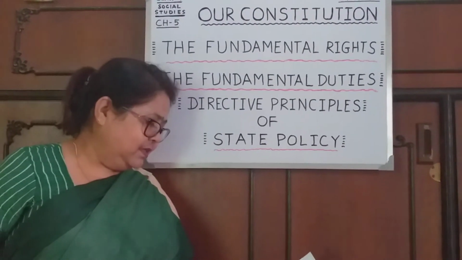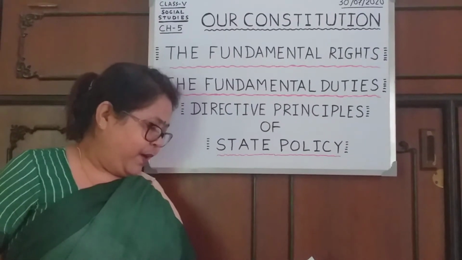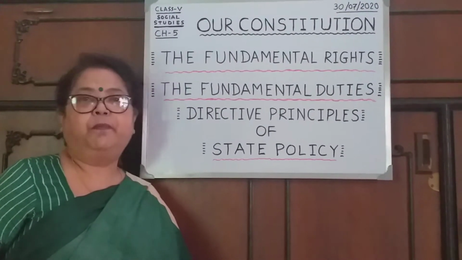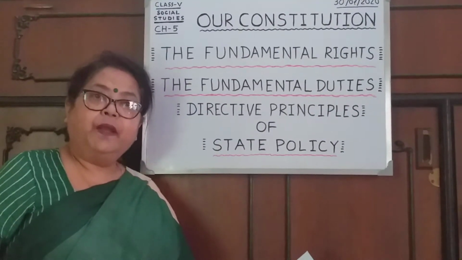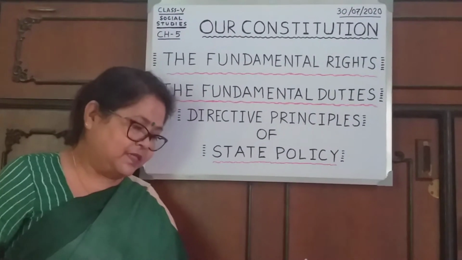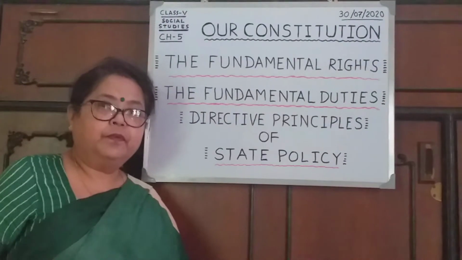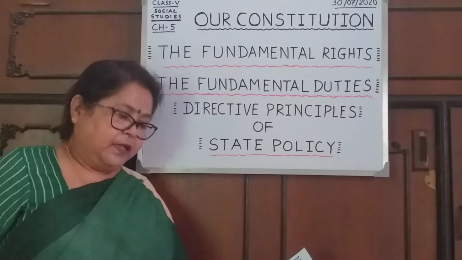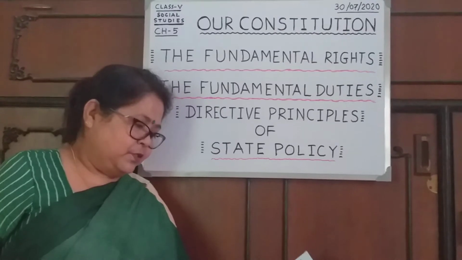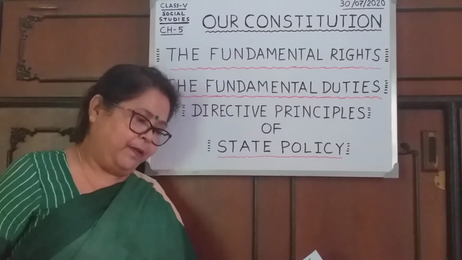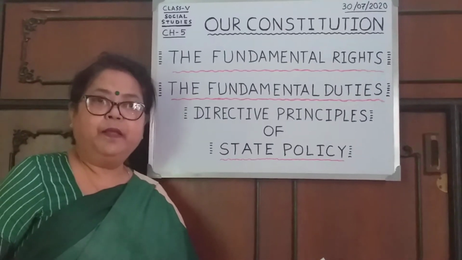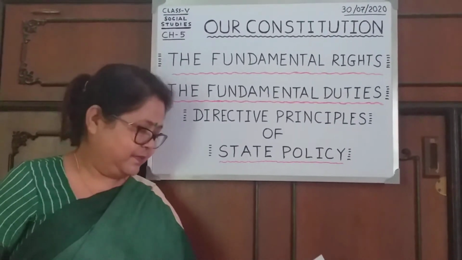The next is right to constitutional remedies. What is a remedy, children? Remedy means a way to improve any sort of difficulties. So citizens can go to court if they have any problem with their fundamental rights.